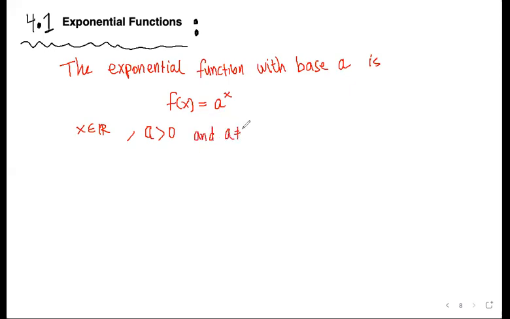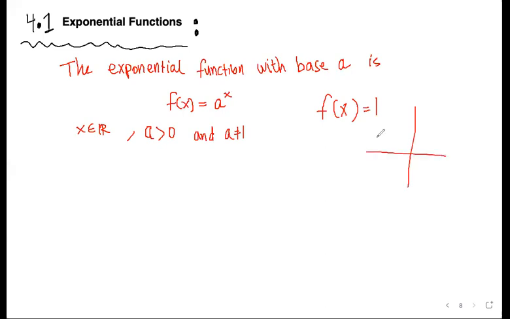Why a not equal to 1? Because 1 to any power is just 1. Whatever the power, it will be 1. And f of x equal 1 is a constant function.